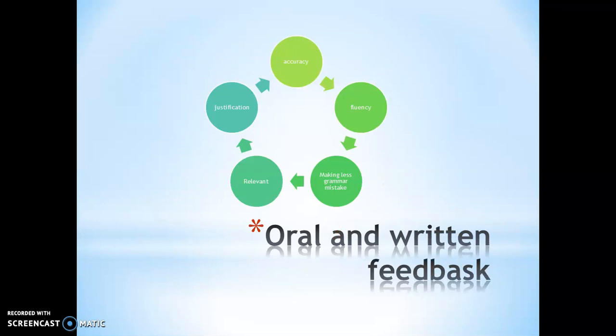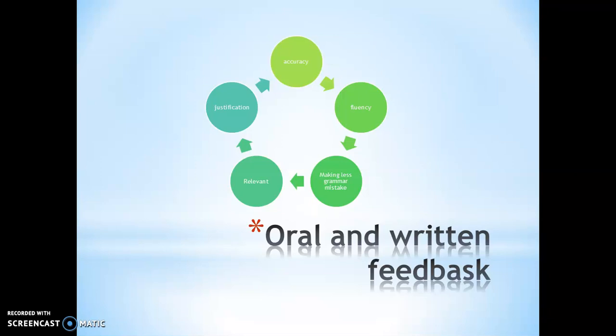Okay, oral and written feedback. Here I give two types of feedback, oral and written. As you know, written feedback works much better than oral one. Why? Because you write it. In writing tasks, we try to emphasize their mistakes, their errors in the written form.